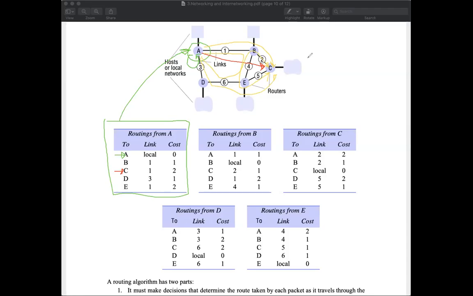If we consider the cost for each and every possible path, for this one it would be 2, for this one 1, 2, 3, it would be 3, for this one 1, 2, 3, 4, for this one 1, 2, 3, right?